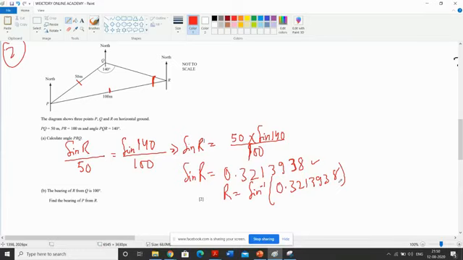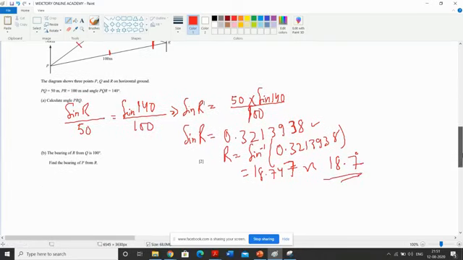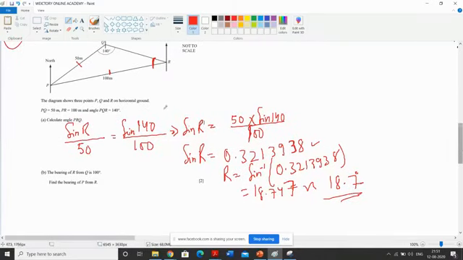Use the calculator, write sine inverse of the answer, and you will get 18.747. If you round off to three significant figures, the answer will be 18.7 degrees. That's the value of angle PRQ.